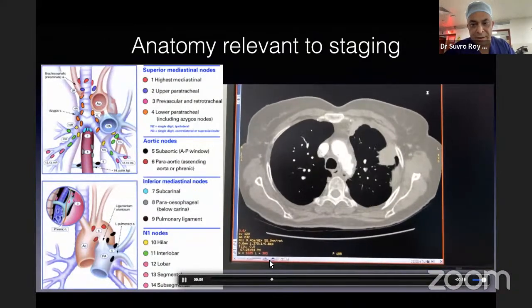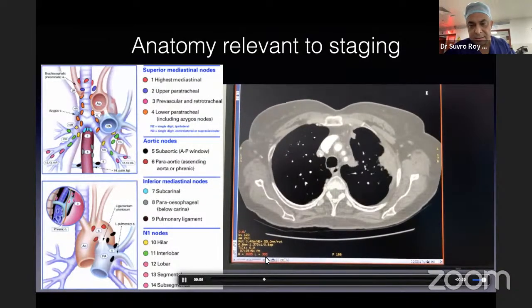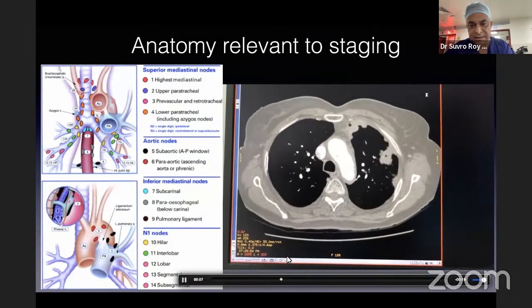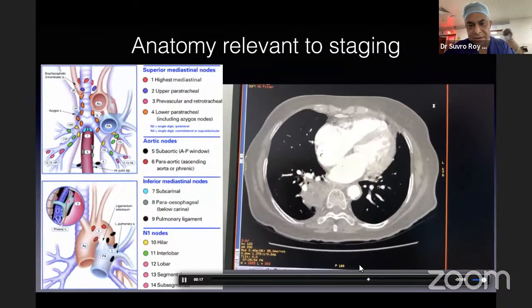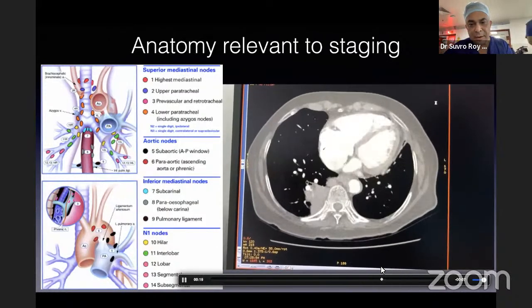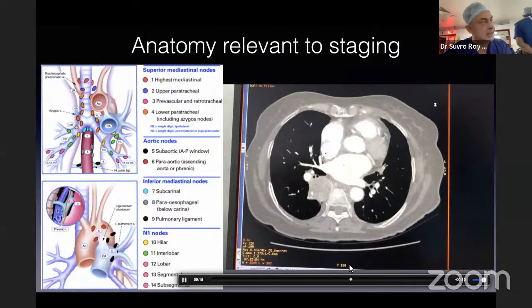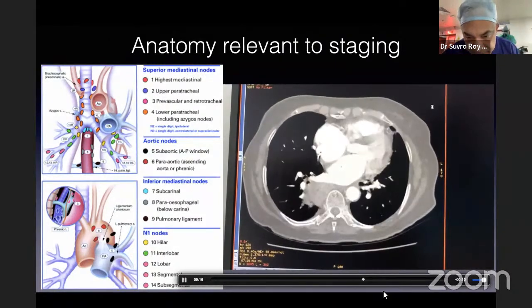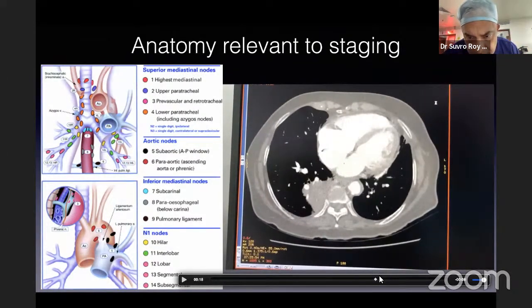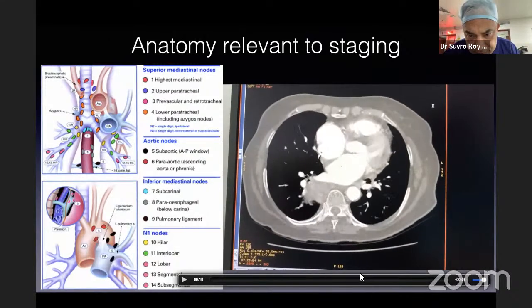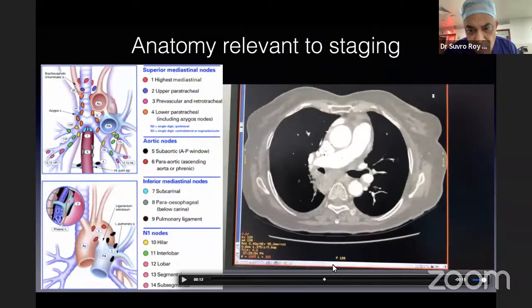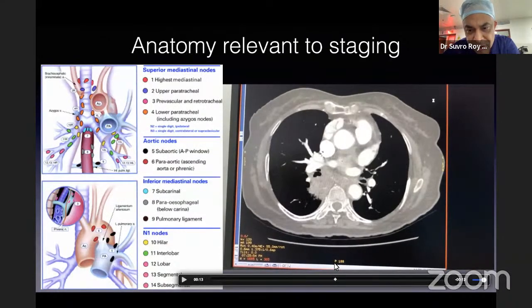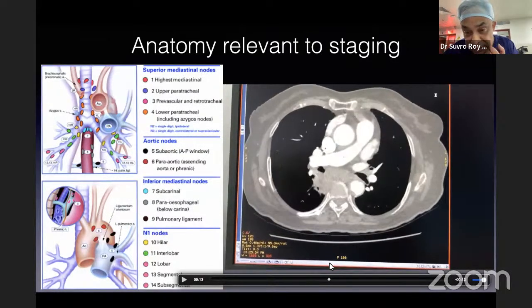So here we have a contrast enhanced, quite an arterial phase contrast enhanced CT scan, in which there is what looks like a primary mass lesion in the inferior part of the right hilum, right? As you can see here, which medially extends to within 2 centimeters of the carina.